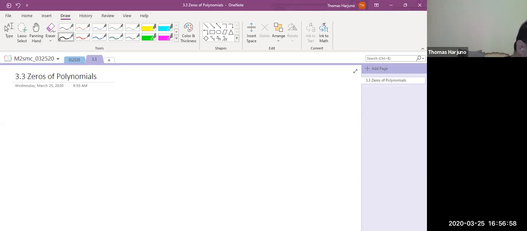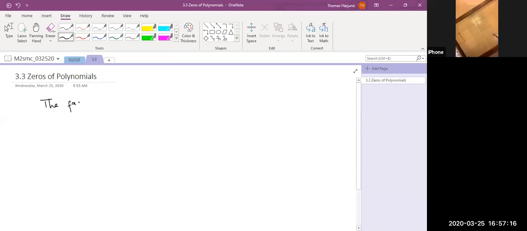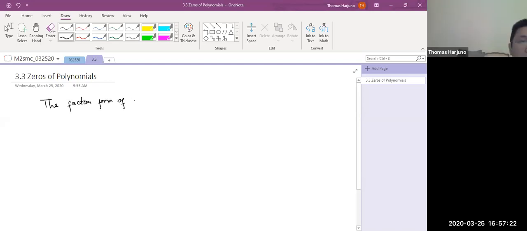If you look at the note I sent last night, there are some problems, actually more than half of the problems from this 3.3 are already doable. First, I will start with the factored form of a polynomial. The factored form of a polynomial is a times x minus c1, x minus c2, all the way to x minus cn.